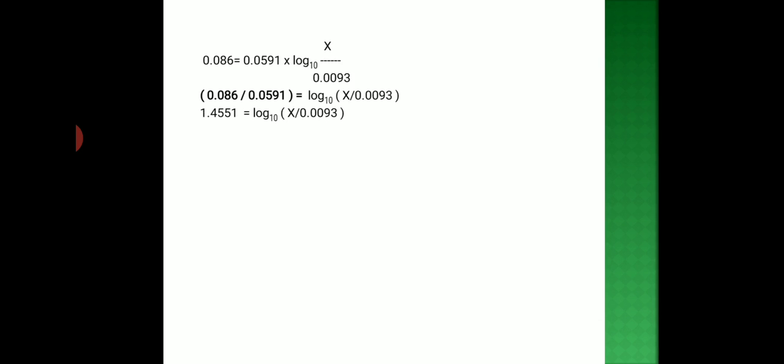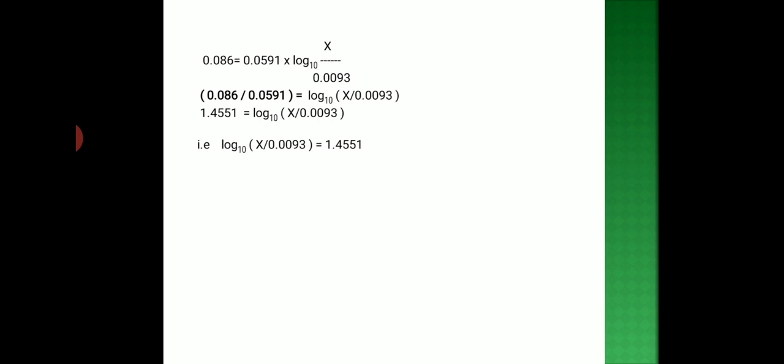Okay, so 0.086 upon 0.0591 will give you 1.4551 is equal to log to the base 10 of X upon 0.0093 as it is. Okay, now for convenience I have reshuffled this step as log to the base 10 of X upon 0.0093 is equal to 1.4551.